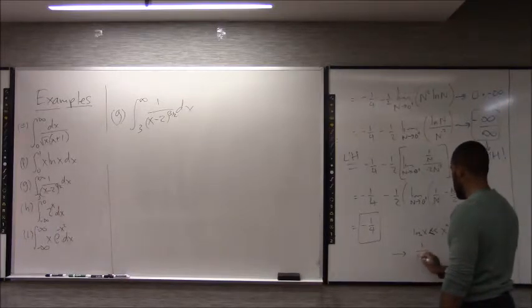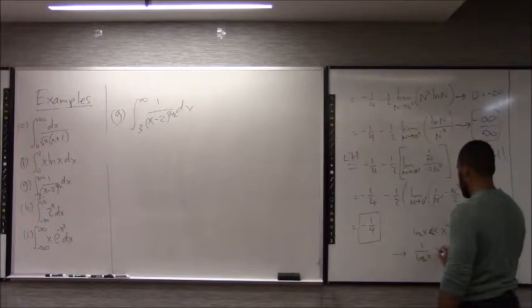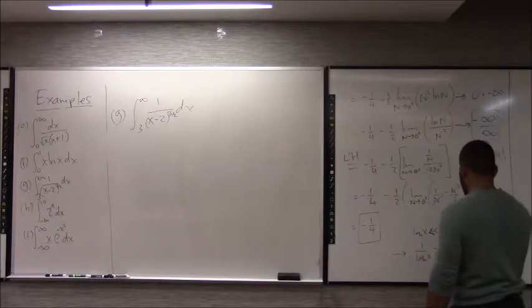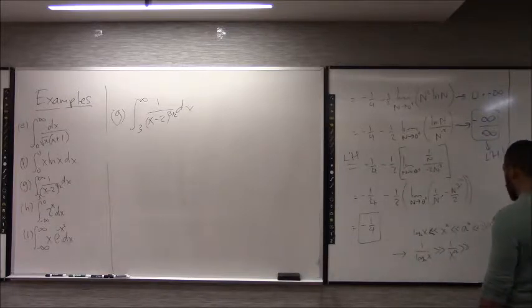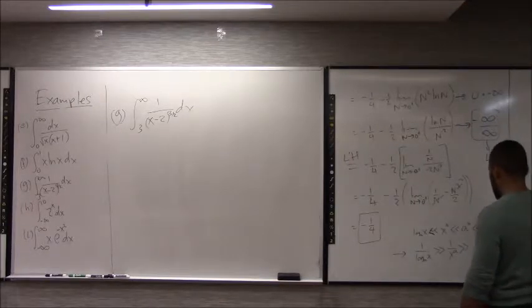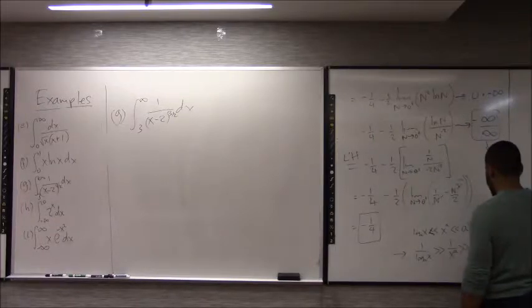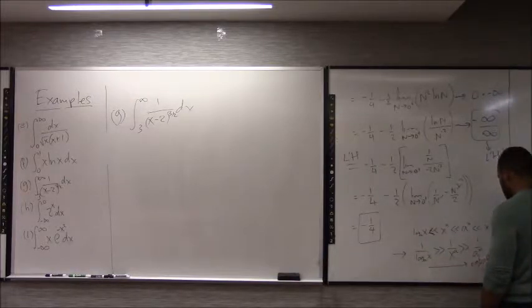So 1 over this should be, it's kind of weird to write it like this though. I don't want to say that. But what I would say is the guys on the right would decrease faster.